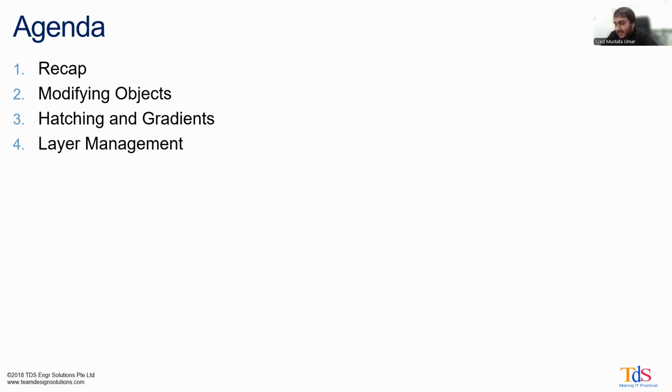So these things might be lines, splines, polylines, circles, spheres, not spheres, sorry, we didn't do 3D objects, although we did discuss it. But mostly 2D objects that you can think of, rectangles, the basic shapes.